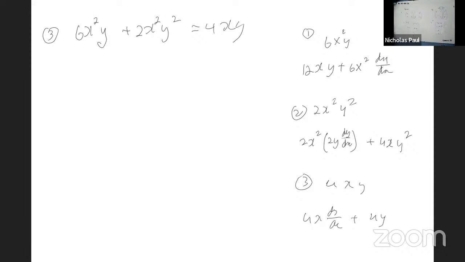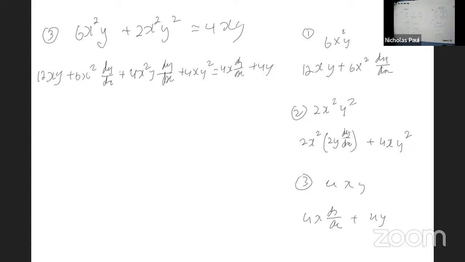So now we're going to put it together. That'll be 12xy plus 6x squared dy/dx plus 4x squared y dy/dx plus 4xy squared is equal to 4x dy/dx plus 4y.